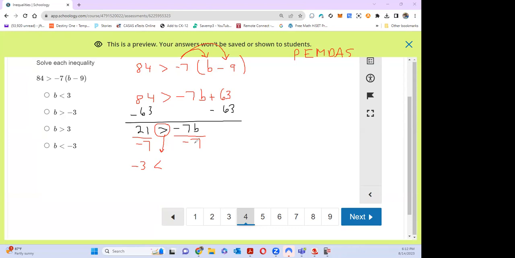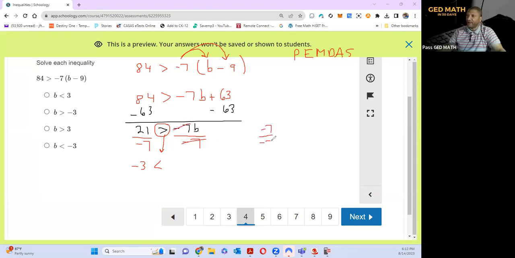Two minus 7s cancel because minus 7 divided by minus 7 is 1. So they cancel each other out. So all I'm left with is b times 1. Anything times 1 is itself. So I'm left with b. So now, Mr. Tenzer, we solved for b. We isolated the variable. We got it all by itself.